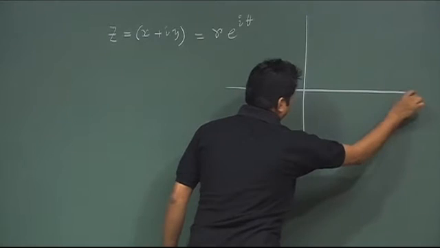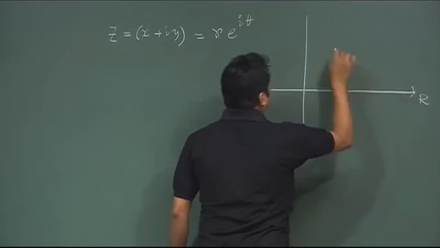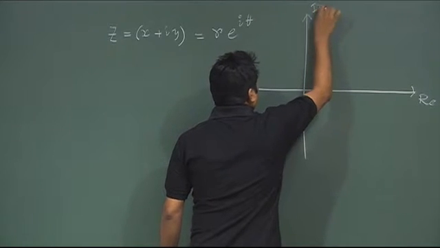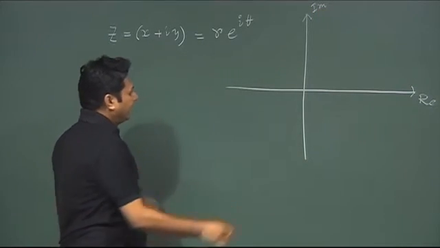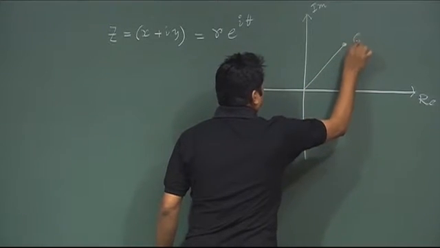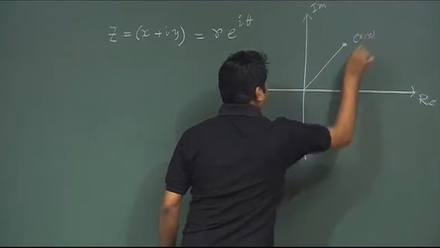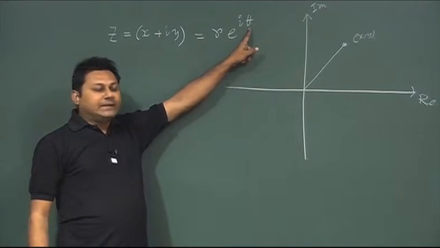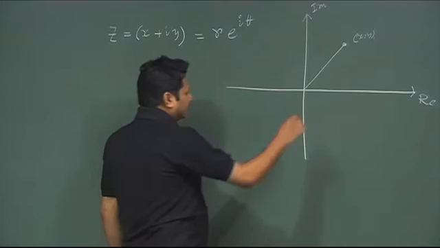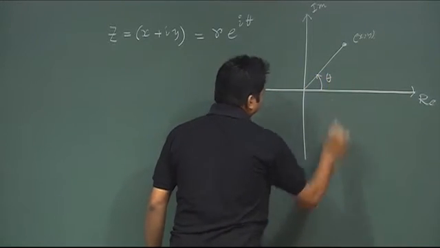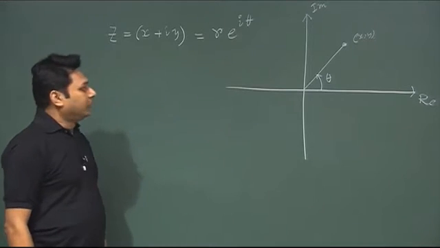This is my complex plane, with real and imaginary axes, and I say the point is somewhere here, for example. This is my x and y. Fine. Now, what is the value of theta? Theta is this quantity, right? Still there is no problem.